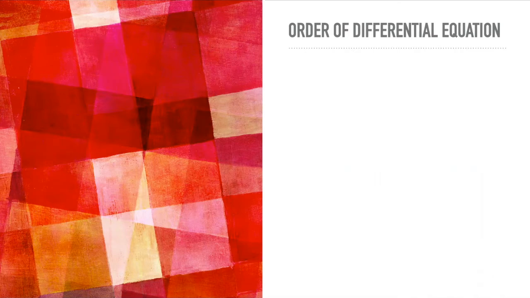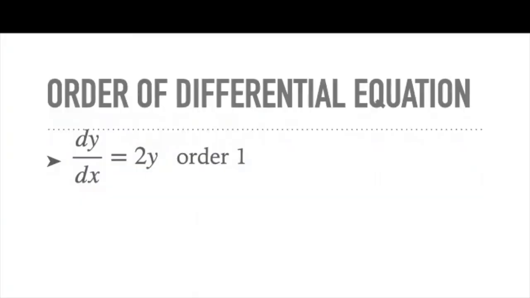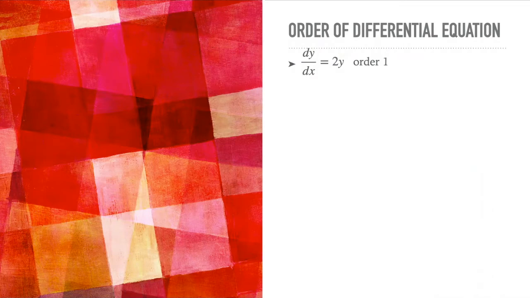Now, let's talk about the order of the differential equation. Remember I said the order is the highest derivative in the differential equation. On this differential equation, you can see dy over dx has the power 1, so the order of this differential equation is 1. If you look at this differential equation, you realize the highest order is 2, so therefore the order is 2.